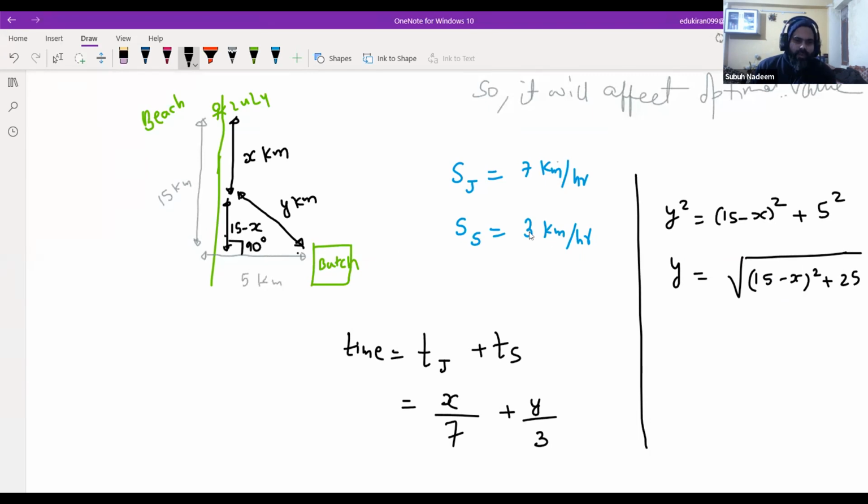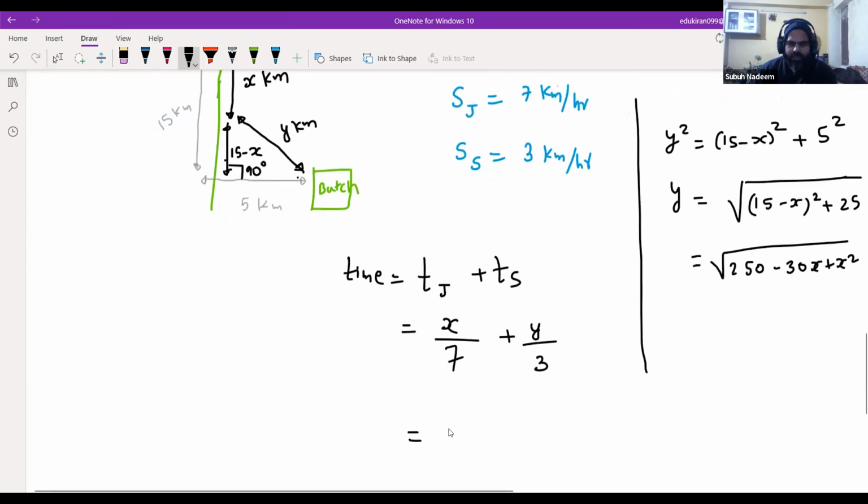So when you expand it, it will be 15 square, 225, plus 25, 250, minus 30x plus x square. So this is the value of y square. 225 plus 25 will be 250.